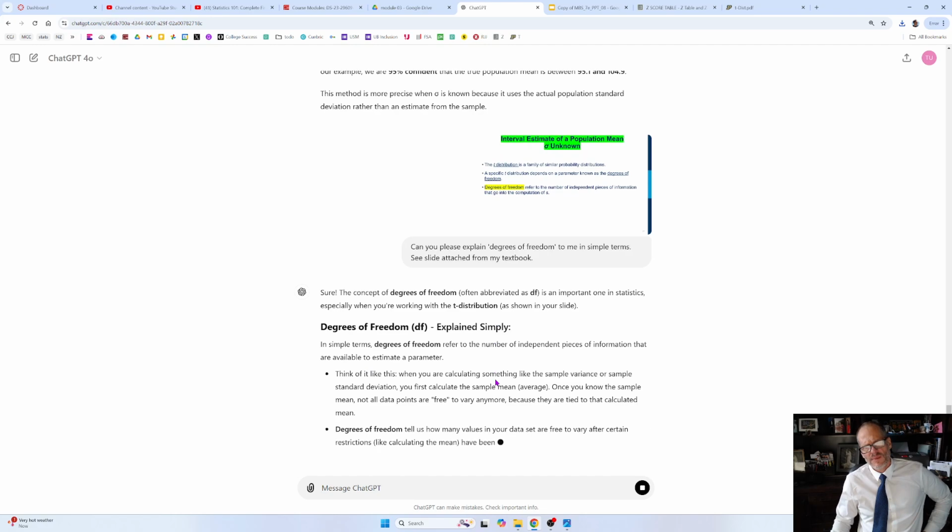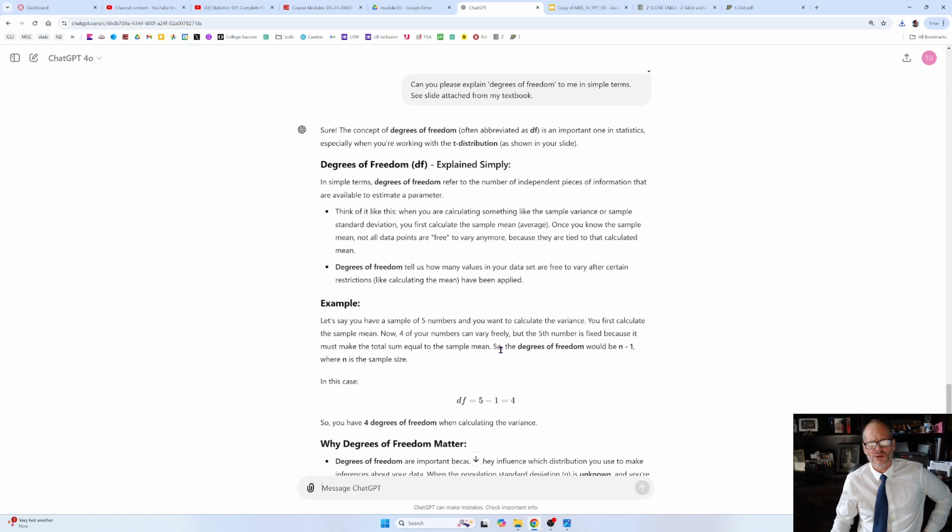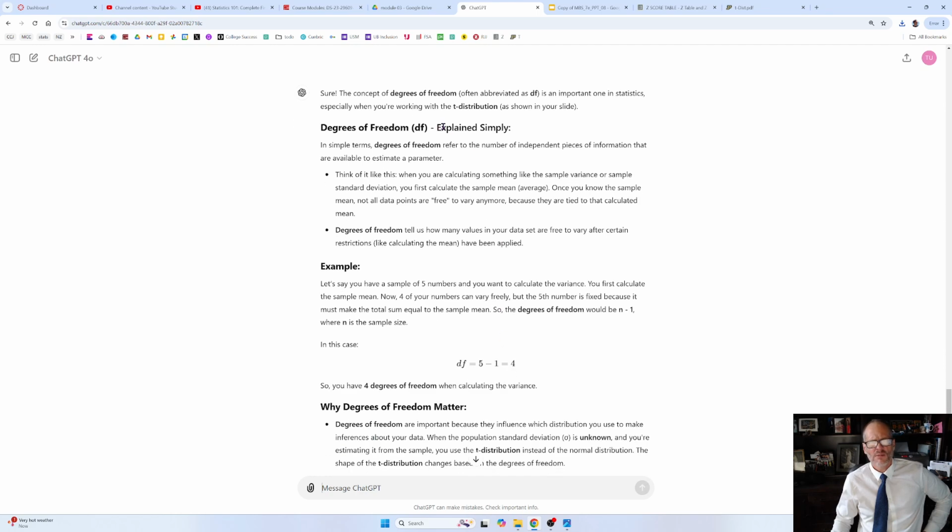Degrees of freedom, often abbreviated as DF, is an important concept in statistics, especially when you're working with the t distribution as shown in your slide. Degrees of freedom explained simply. In simple terms, degrees of freedom refer to the number of independent pieces of information that are available to estimate a parameter. Think of it like this.